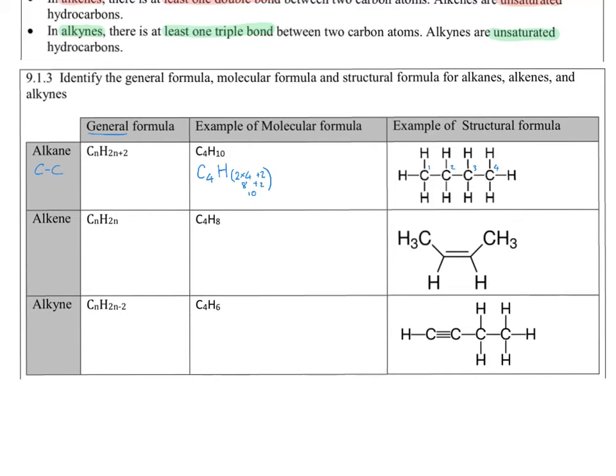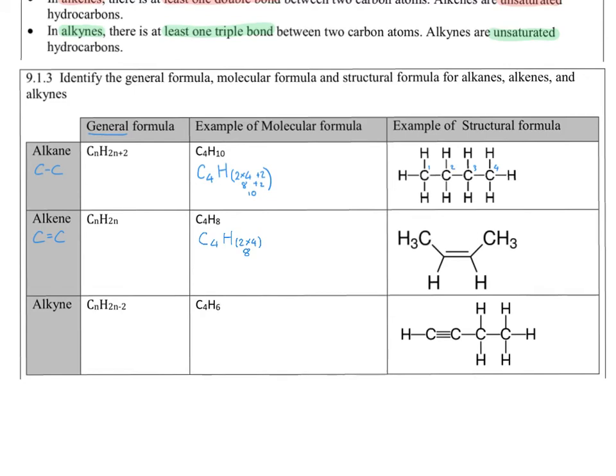Alkenes are carbon chains that have to have at least one double bond. This time the general formula is CnH2n. Working out if we've got 4 carbons, we can write C4, then H is 2n, so 2 times 4, it's going to be 8. So that's where we get the 8 hydrogens.